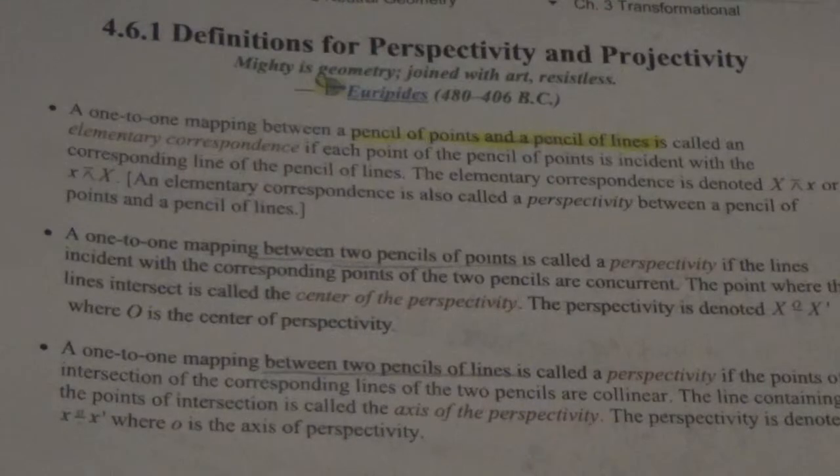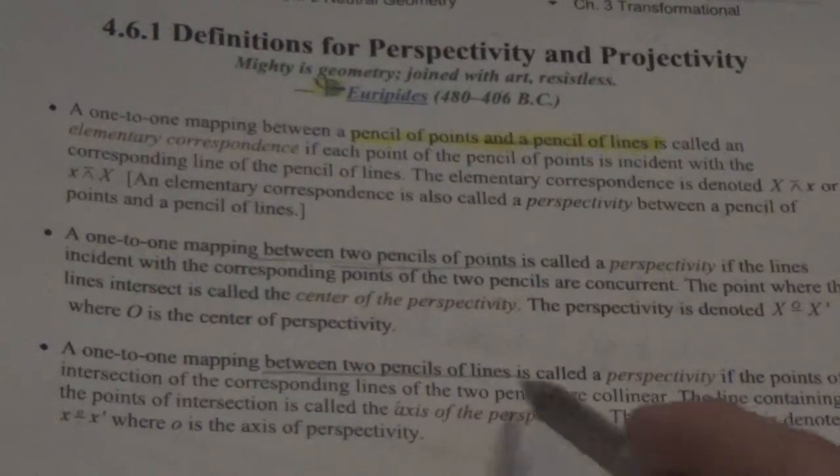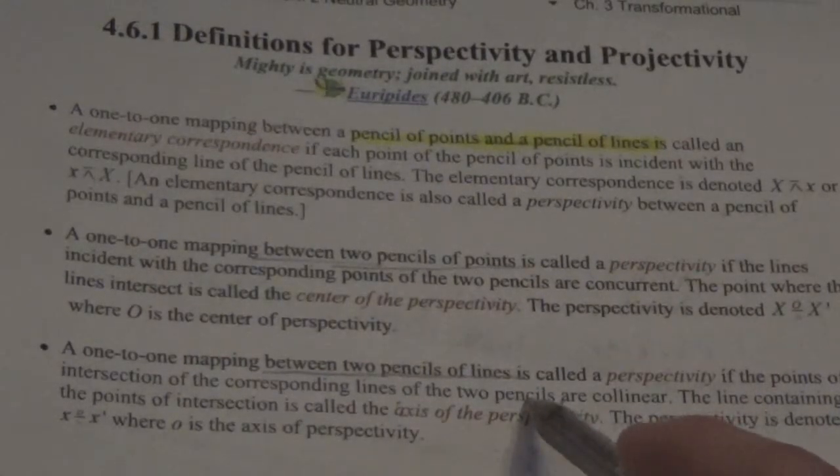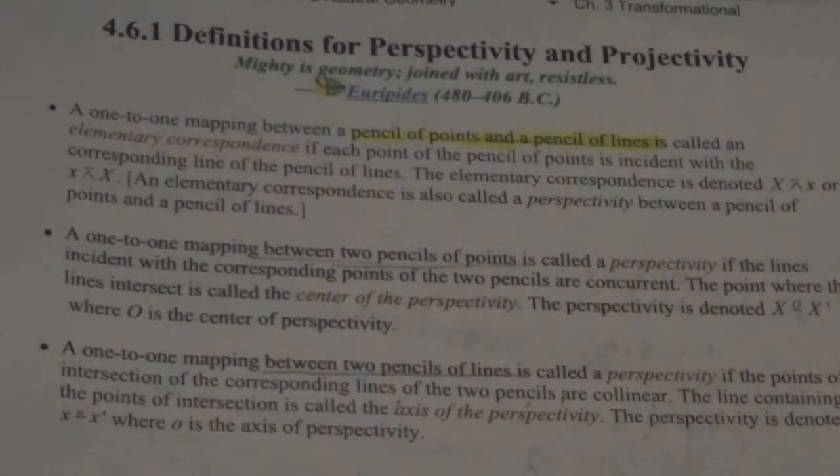Again, bear with me, we're going to see an image of this as well, but we need to make sure that the points of intersection of the corresponding lines of the two pencils, or of the 2 points, are collinear.